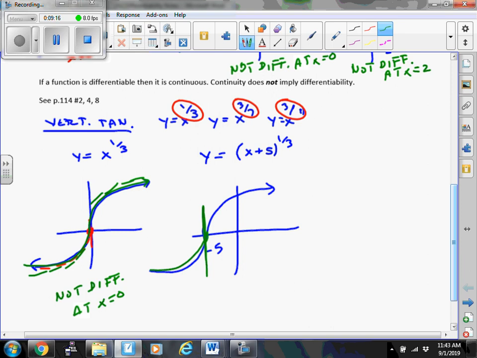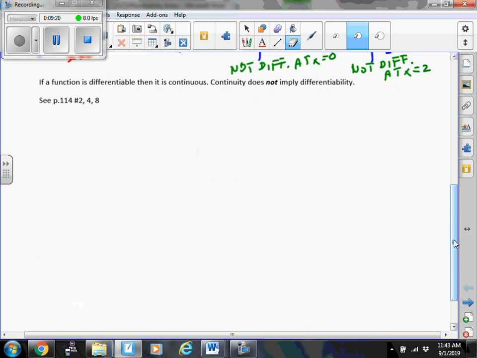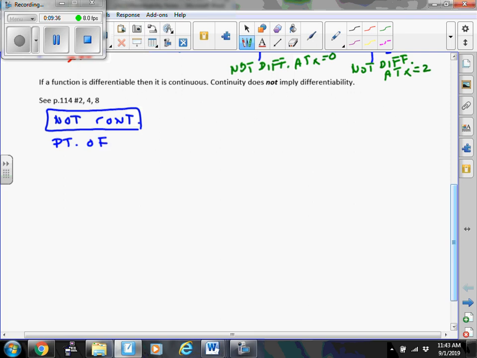The last one, if it's not continuous, it's not differentiable. So the fourth type is where it's not continuous. Or, big boy words, you see a point of discontinuity. And a review of those. What are some points of discontinuity?